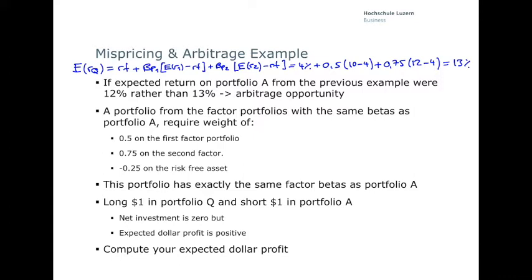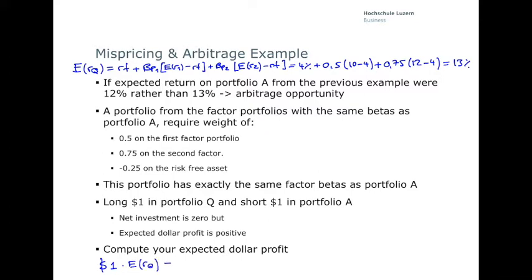The weight of minus 0.25 on risk-free T-bills does not affect the sensitivity to either factor. If you invest $1 in portfolio Q and sell $1 in portfolio A, your net investment is 0, but your expected dollar profit is positive.